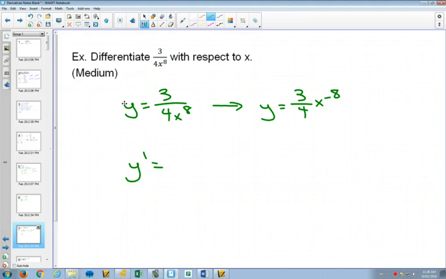Can you see what I did? I took the x to the 8th, which was in the denominator, used my negative exponent law and said, well, an x to the 8 in my denominator is the same as an x to the negative 8 in my numerator. Now when I bring that negative 8 in front, you're going to have to multiply it by 3/4. How do you multiply negative 8 by 3/4?